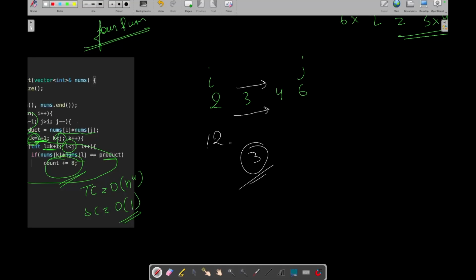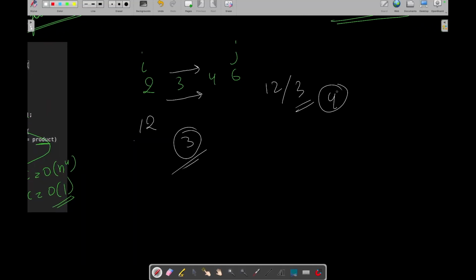Okay, so remember what we did in four sum, similarly we will do in this also. So the product is 12 and right now we are at 3, so let's divide 12 by 3, so it will become 4. So we will create an unordered set for storing the numbers which we have already visited between i and j.